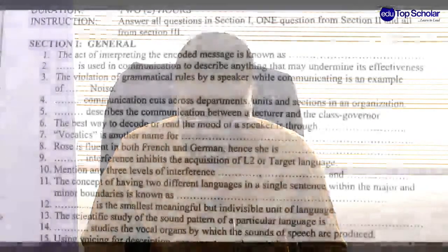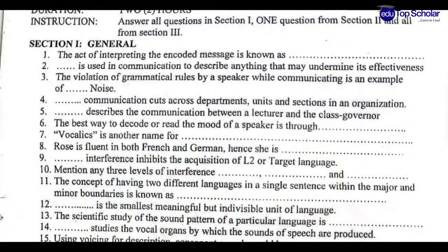When you are learning a second language and you are affected by the first language, we call it retroactive interference. It is also called negative interference. Do you understand? So proactive means it will help you when you are learning the second language, but retroactive means it will affect you negatively. So in this question, dash interference inhibits the acquisition of L2 or target language, that is negative interference or retroactive interference.